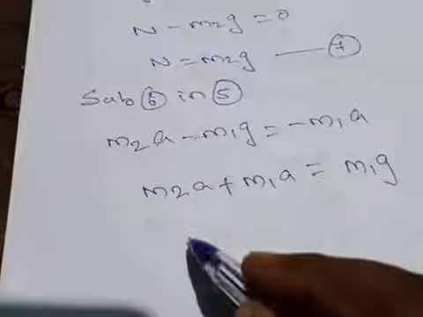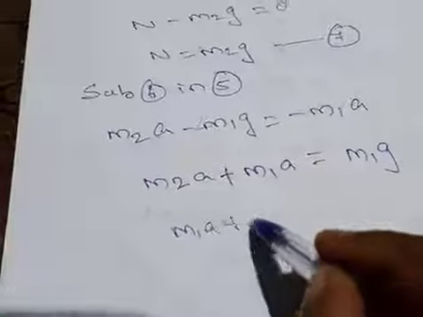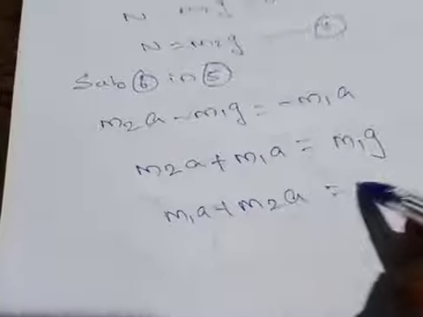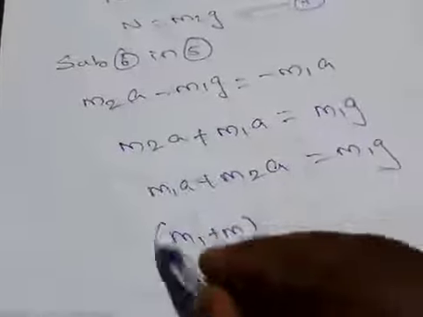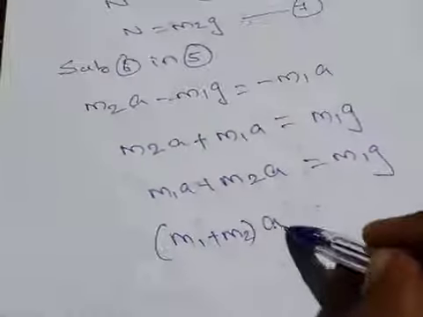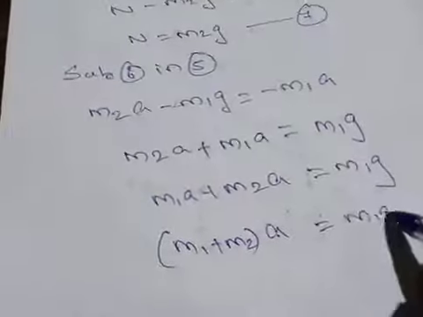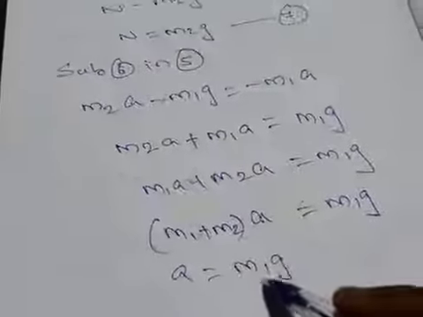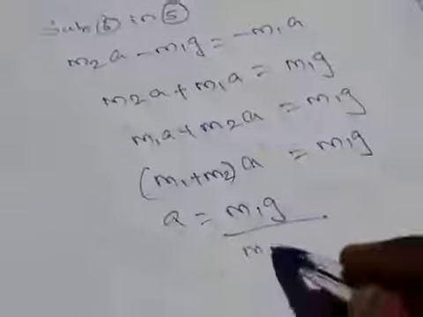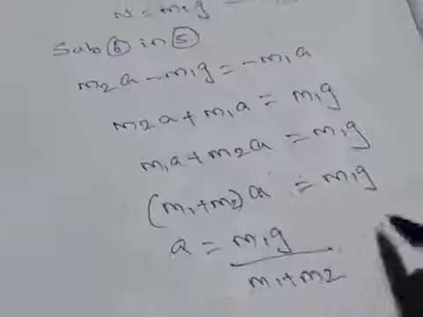First rearrange: M1A plus M2A equal to M1G. So (M1 plus M2) A, taking A outside, equal to M1G. So A is equal to M1G by (M1 plus M2).